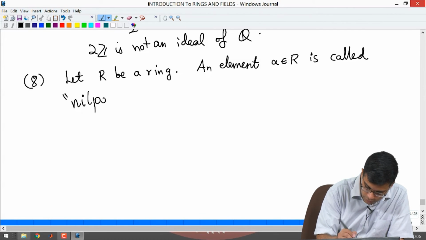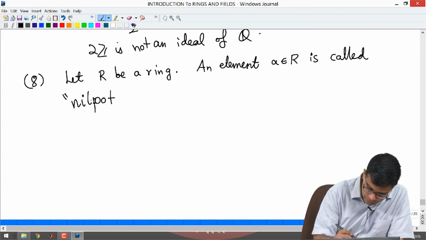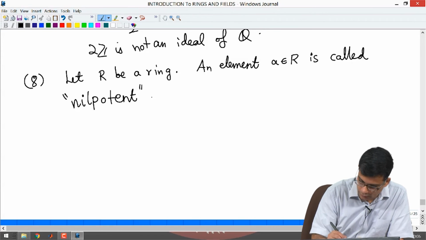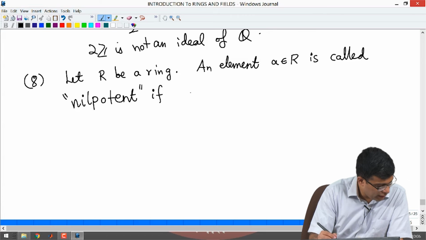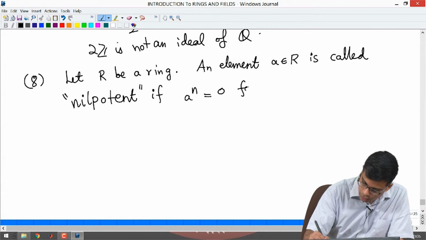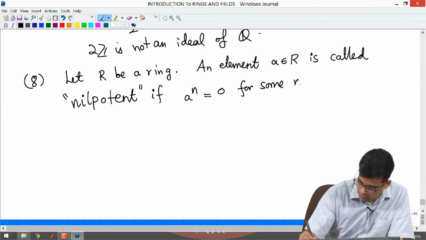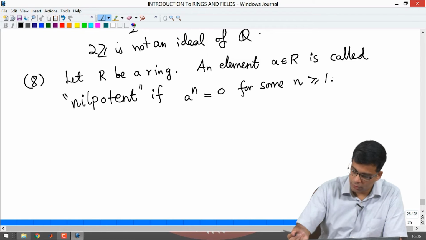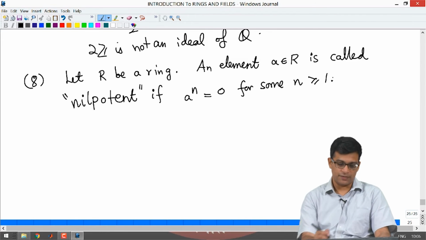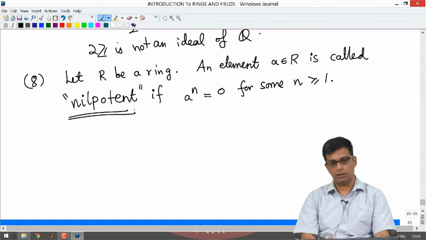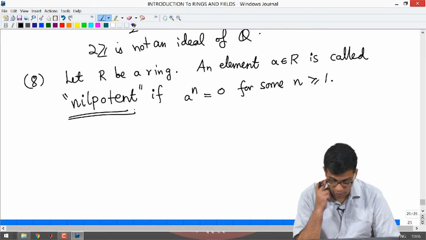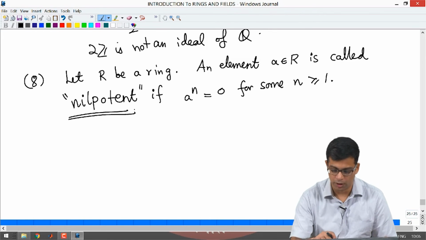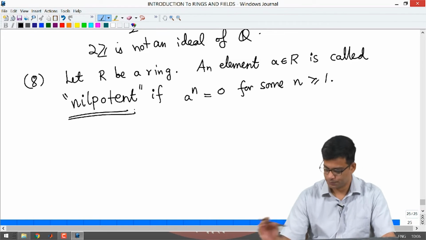This is a new word for us, nilpotent, if a power n is 0 for some n. Okay. So this is what a nilpotent element is. This is an important property in ring theory. So a nilpotent element is one such that a power of it is 0.